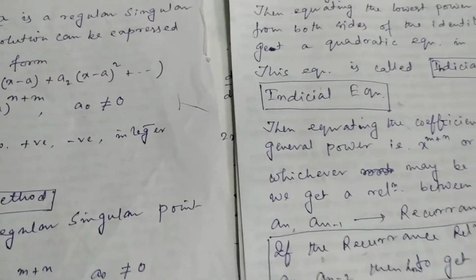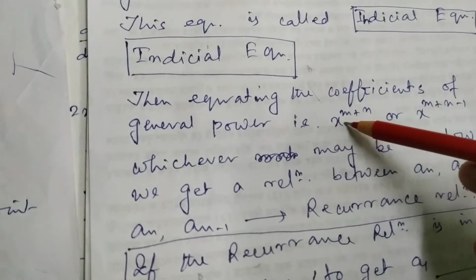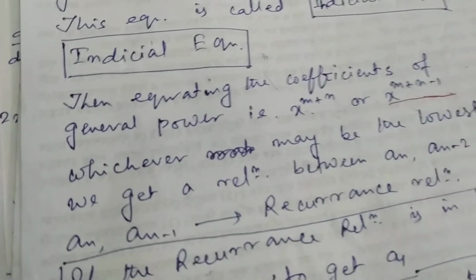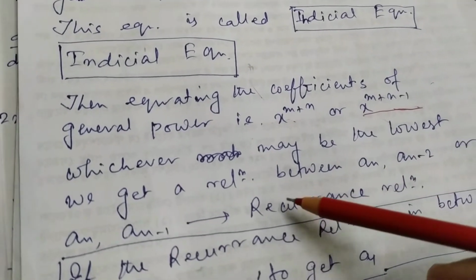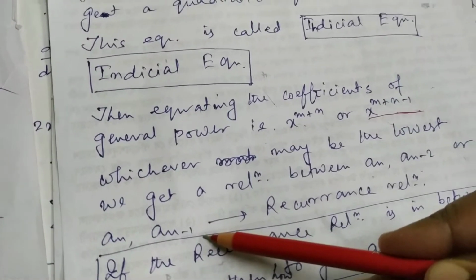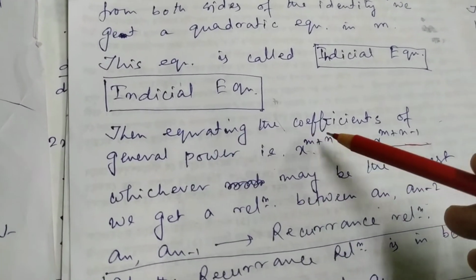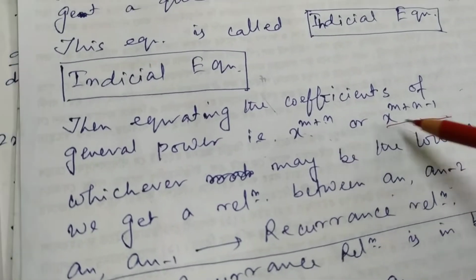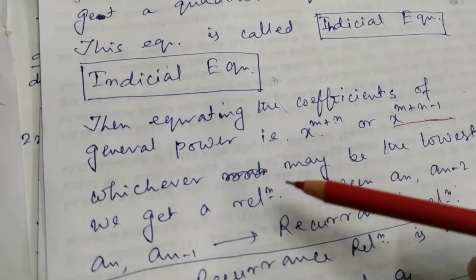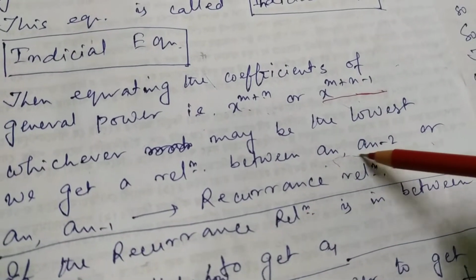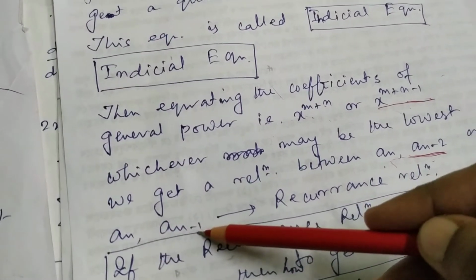Then, equating the coefficients of the general power, that is x^(m+n) or x^(m+n−1), whichever be the lowest, we get a relation between an and an−2, or an and an−1.